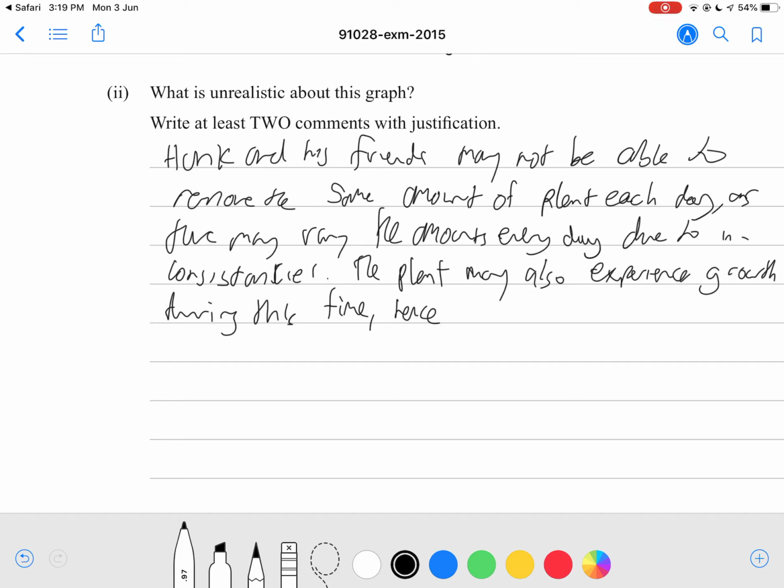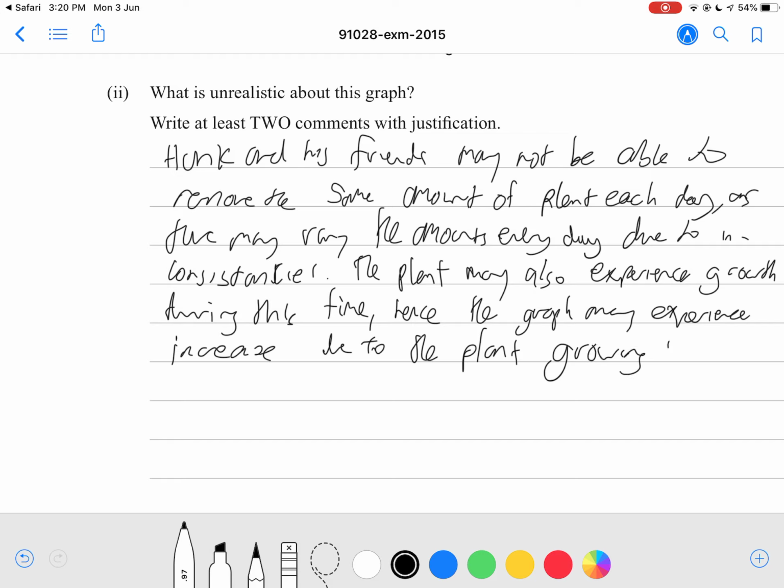Hence the graph may experience an increase due to the plant growing back, and this would not be a linear graph.